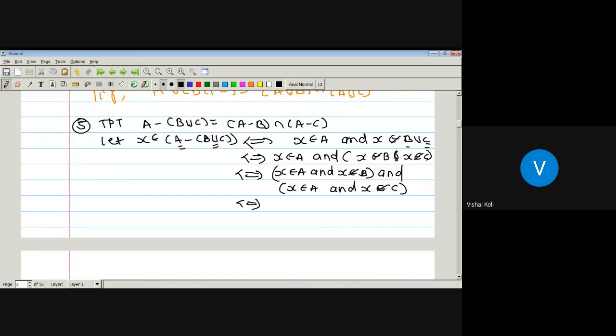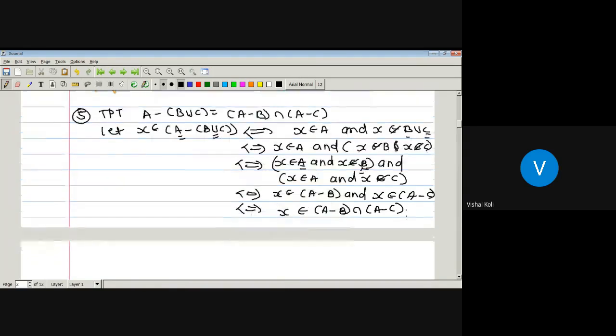Okay, now it is if and only if. Here X belongs to A and X is not a member of B. Then by the definition of difference of two sets A and B, A minus B contains all those elements which are members of A and which are not members of B. Therefore, as here X belongs to A and X is not a member of B, which implies X belongs to A minus B, and X is a member of A and it is not a member of C, which implies X belongs to A minus C. Therefore, as X is a member of A minus B and it is a member of A minus C, it is a member of both the sets A minus B and A minus C. Then, by definition of intersection of two sets, X belongs to (A minus B) intersection (A minus C).